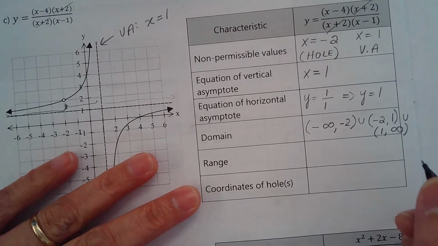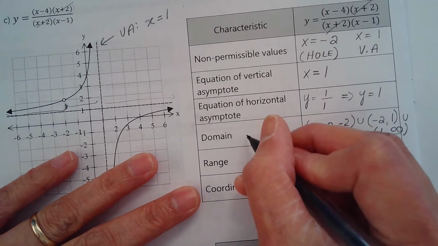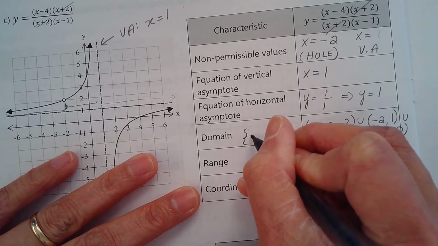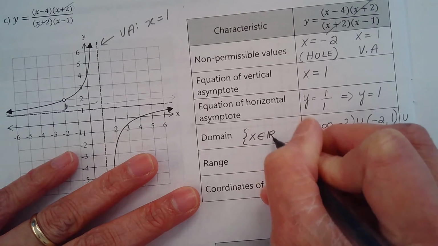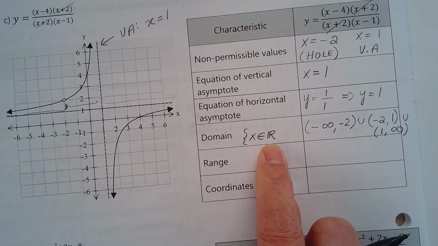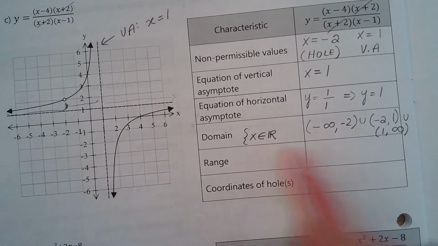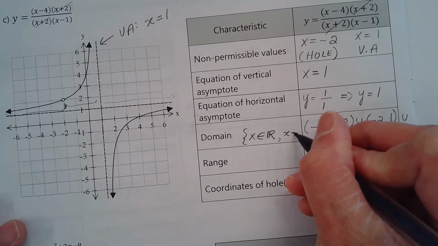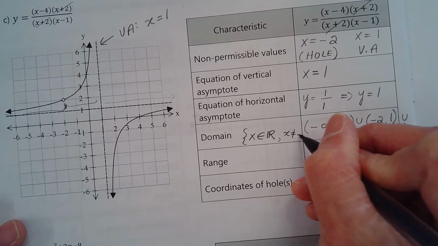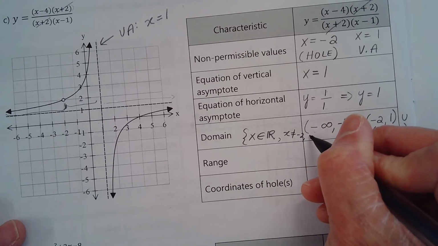So we can certainly write that down in set notation: x is an element of the real numbers, which means all numbers are possible, with the exception that x cannot equal negative 2 and 1.